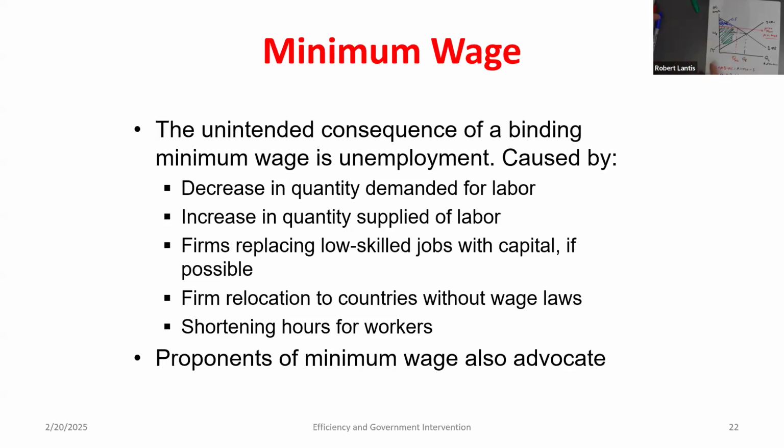So yeah, if you kept your job, you probably liked the minimum wage, it increased your surplus. But overall, what happened to total surplus in the market? Total surplus went down, and the deadweight loss came from the people that lost their jobs. They're probably not very happy about this minimum wage. They might not directly relate the fact that they lost their job to the minimum wage, but there's plenty of people where that would be the case.